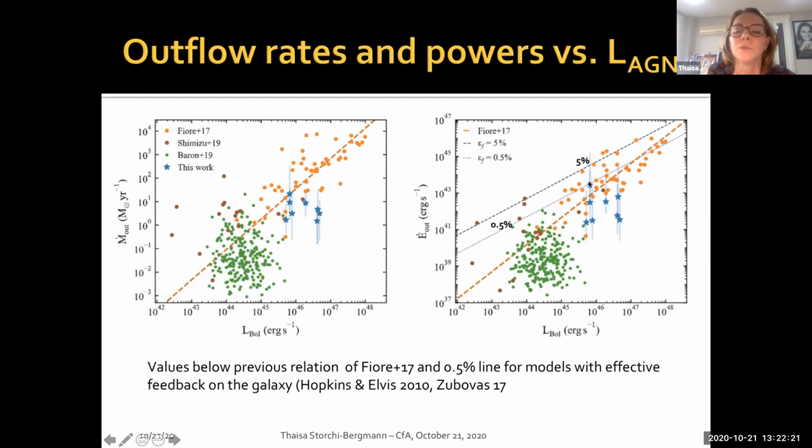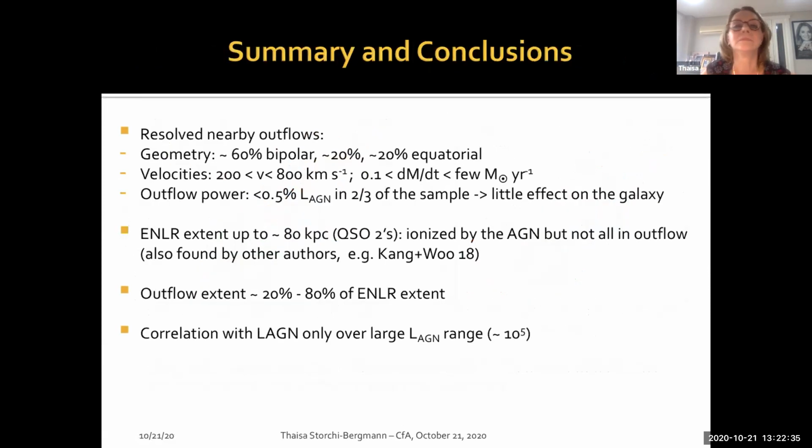We see that only one of our galaxies reaches this line of 0.5%. The others, with the error bars, barely touch this line.